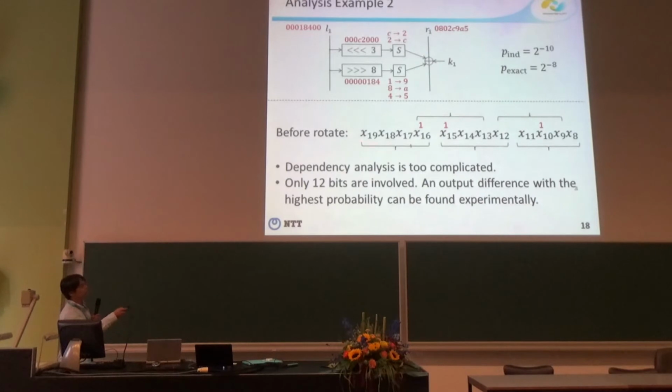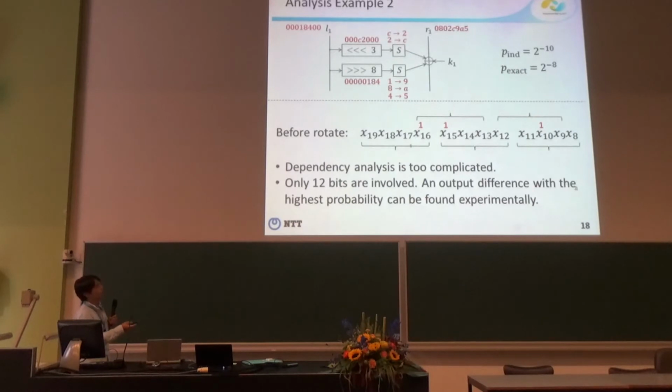So only 12 bits are involved. So yeah, I just exhaustively tried all the 12-bit input values with those 3 active bit differences, and then computed the most frequently appearing difference. And that was also 2C95.